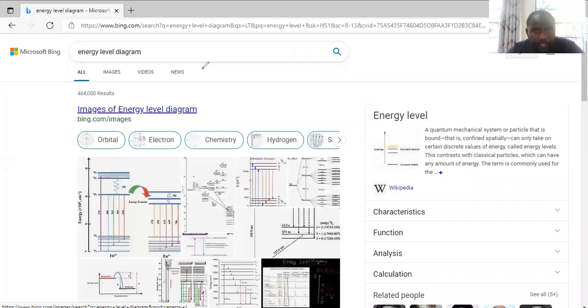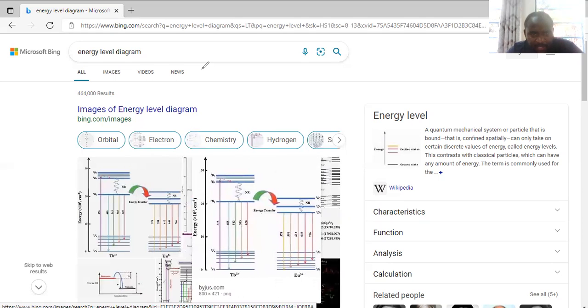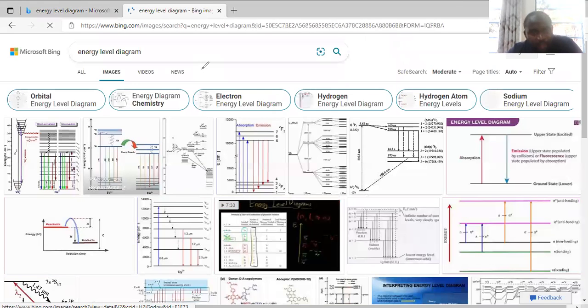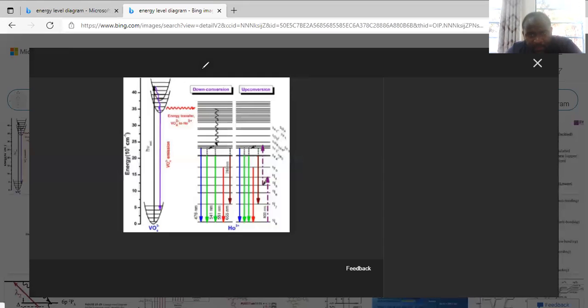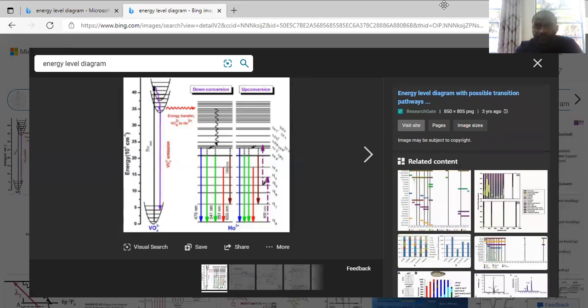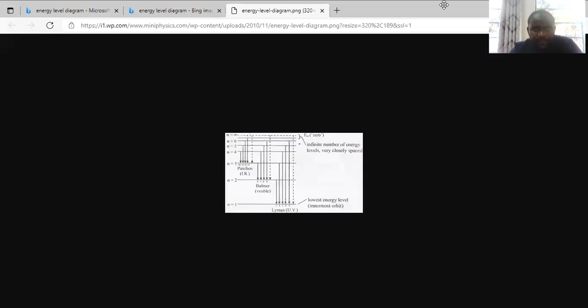And I remember mentioning that the different series of lines formed can be talked about in a way of how the transitions occur.